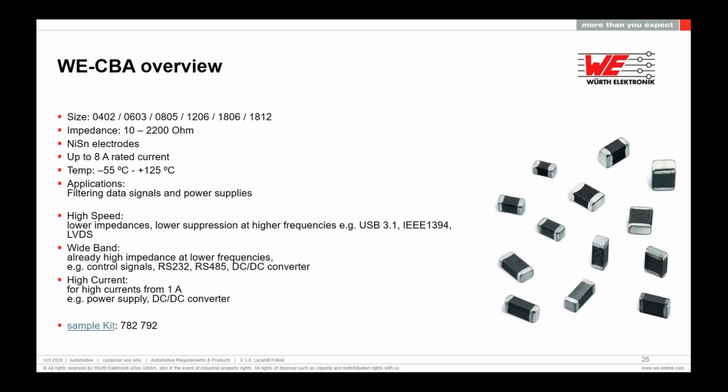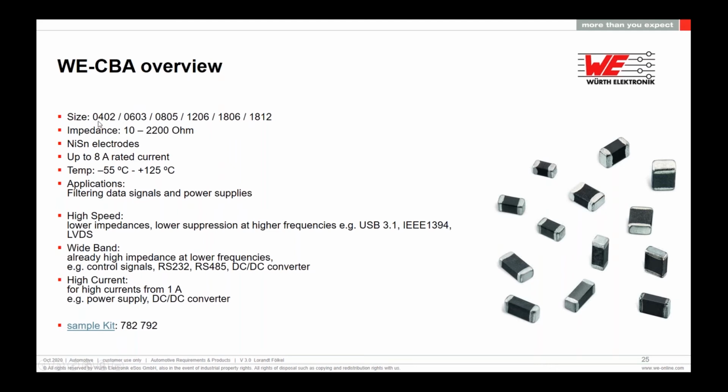To solve the problem, it's much better if you can solve that on the PCB level. And on the PCB level, the cheapest component is also the chip bead ferrite, not cheap, but chip. They are the ferrite beads, and you can apply these ferrite beads up to 8 amps in different sizes.